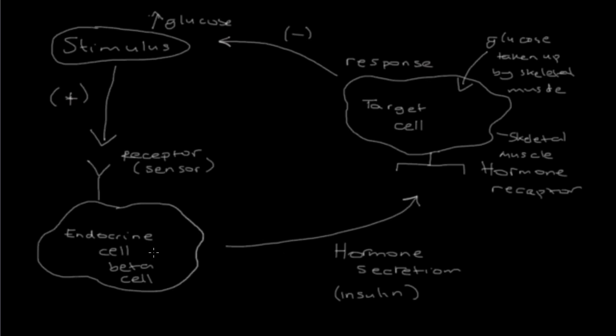This then causes the beta cell to secrete the hormone insulin, which acts remotely on the skeletal muscle cells, which causes them to take up more of the glucose, and as a consequence you then get a fall in glucose, which stops this stimulation, which consequently then stops the beta cells secreting more insulin. So you can see that this is a negative feedback loop.